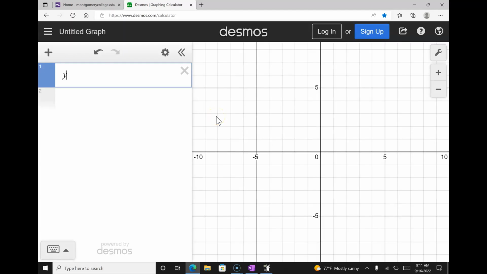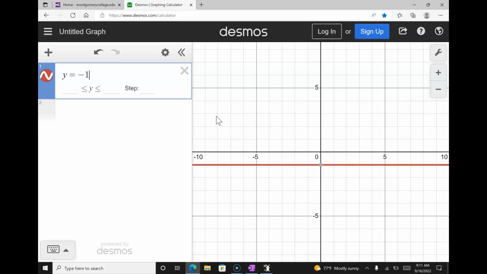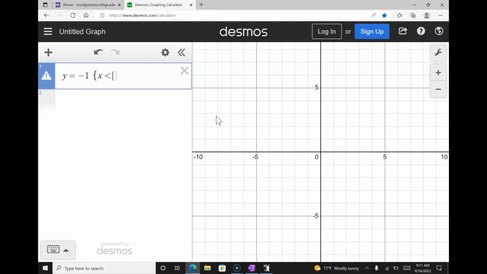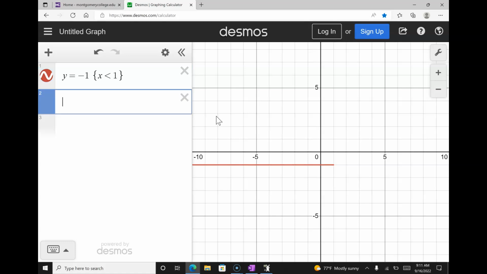So I had y equal to -1 for a curly bracket x less than 1. I know there's a hole at the end of that line, right? I know there's a hole at 1, -1.